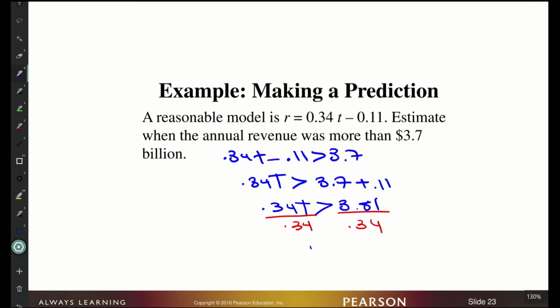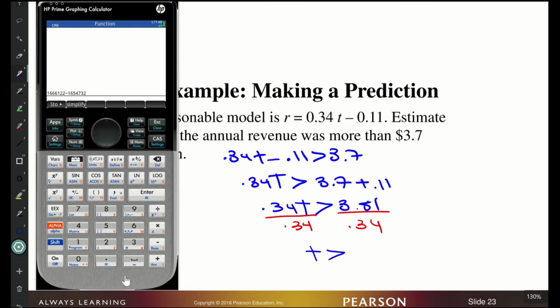And we end up with t is greater than, now we just need to figure out what 3.81 divided by 0.34 is. So we'll just do the division. 3.81 divided by 0.34, and we end up with 11.2, so approximately 11, right?